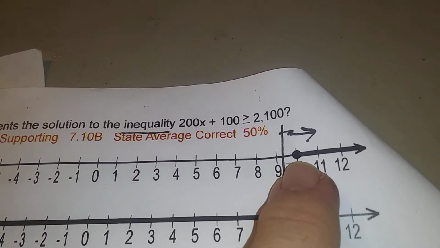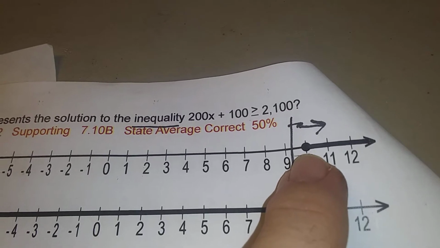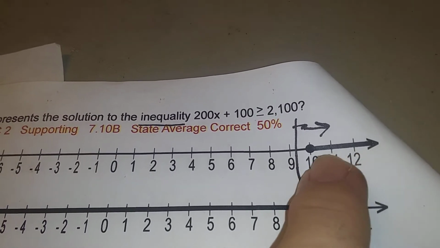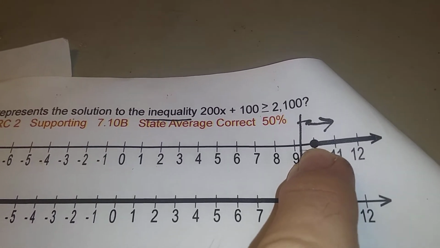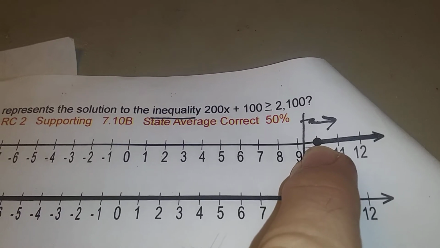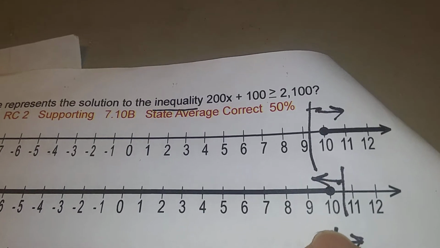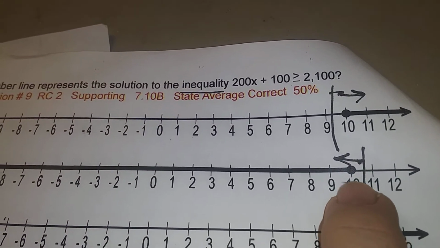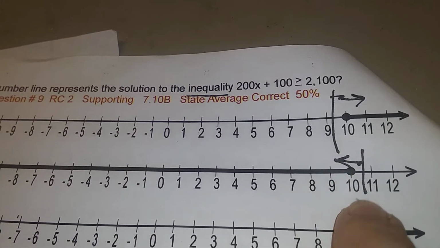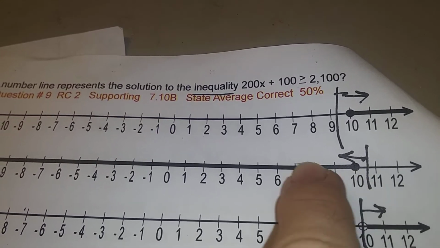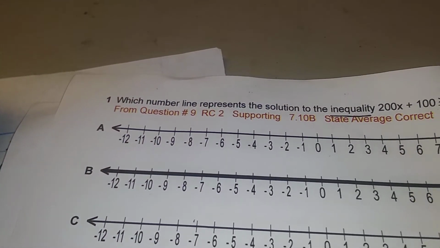Letter A has the 10 filled in. That means that it's greater than or equal to 10, means included, so you can fill in the 10. Letter B is also filled in, so you can draw a line after it and say it's less than or equal to 10, because all of that is bolder there.